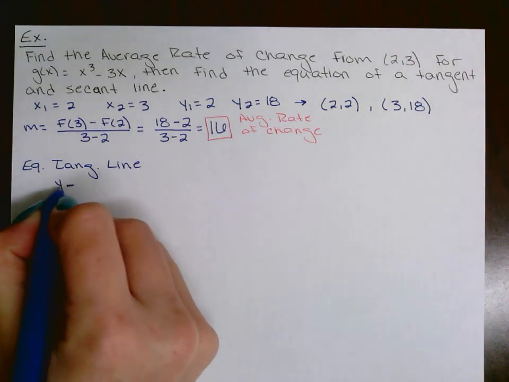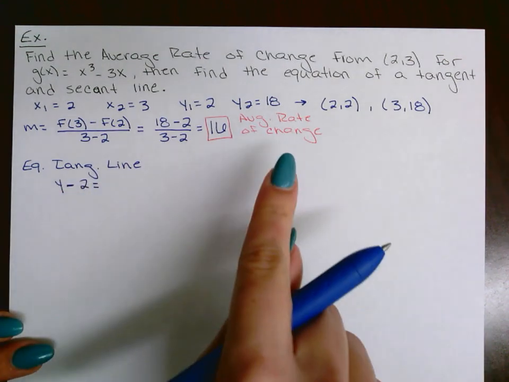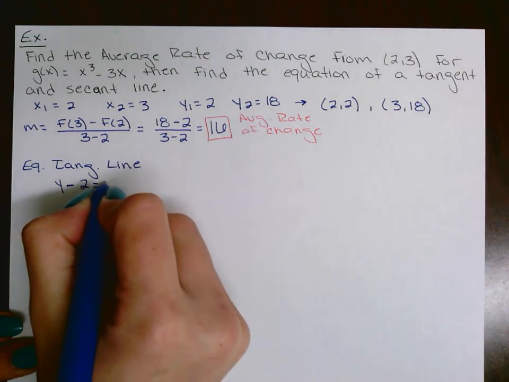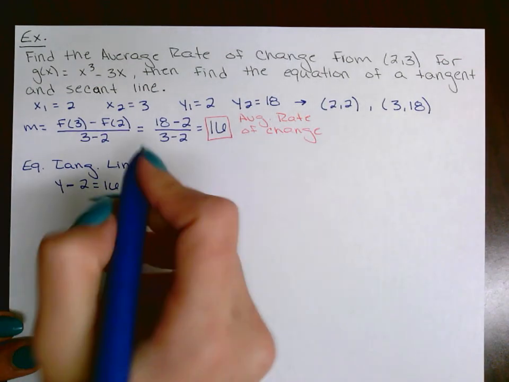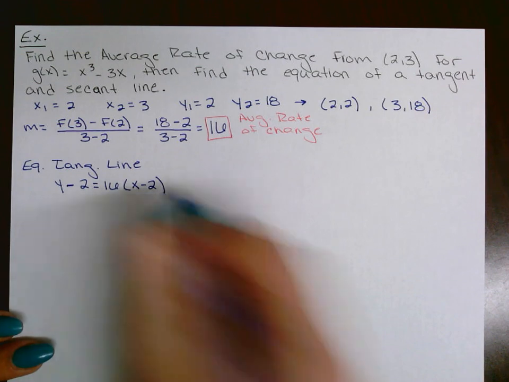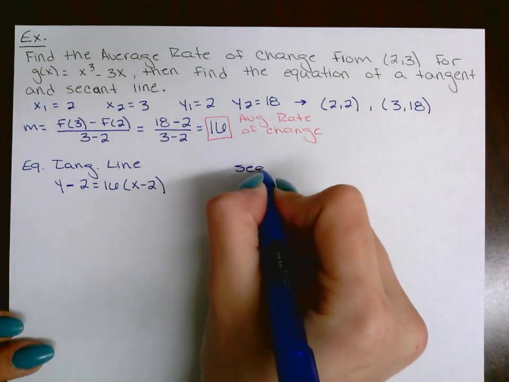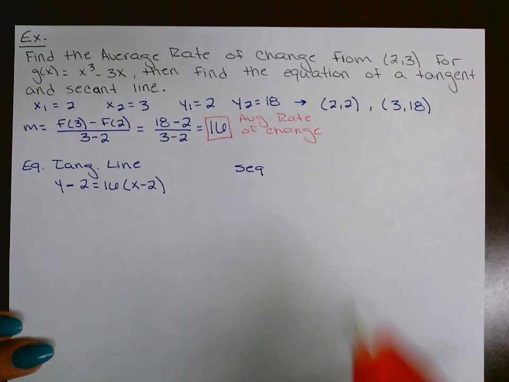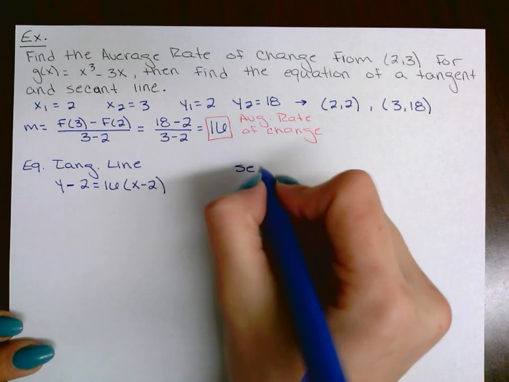So you could put y minus my y value, which is 2, equals my slope, which was 16, times x minus my x value, which was 2. And you can stop right there. The only change in a secant line is the slope.